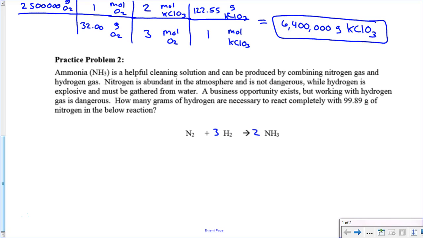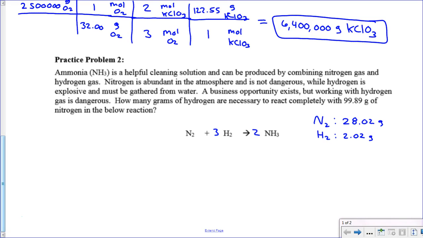The other thing we need is the molar mass of N2 from the periodic table. That's 14.01 times 2, which is 28.02. For the H2, that's 2 hydrogens, 1.01 times 2, so we get 2.02 grams.